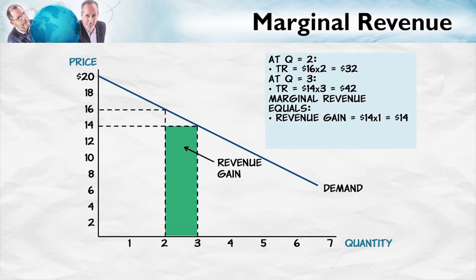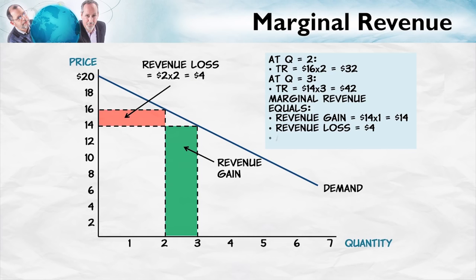But in order to sell that additional unit, we had to lower the price on the previous units that we were selling. So there's also a revenue loss. We were receiving $16 per unit when we sold just 2 units. When we sell 3 units, we have to lower the price to $14. So we lose $2 per unit on these previous units, or a total loss of $4.